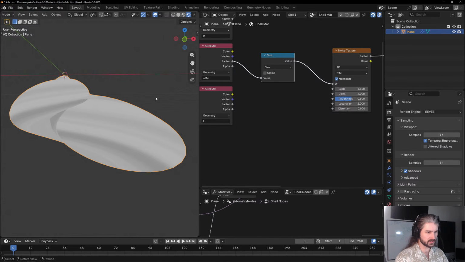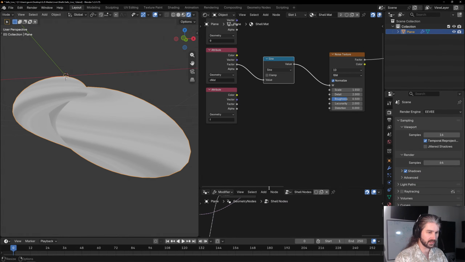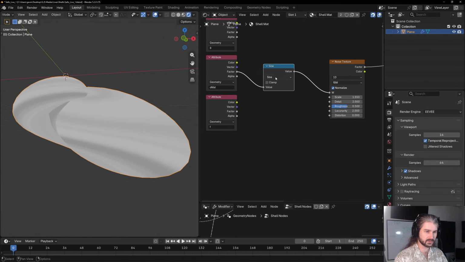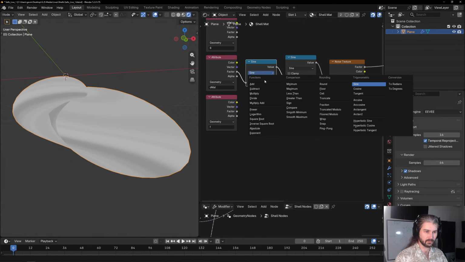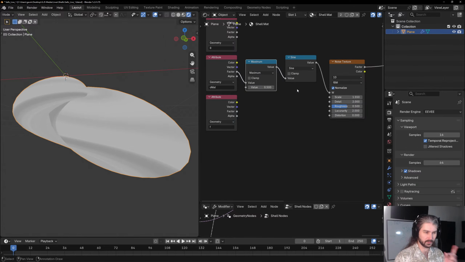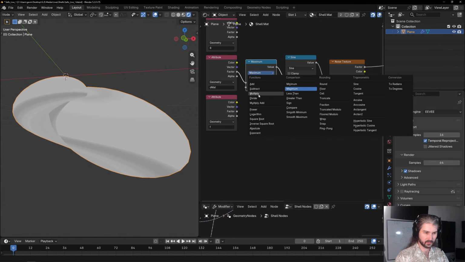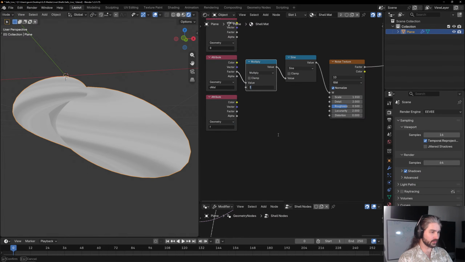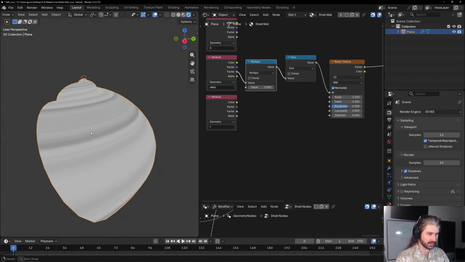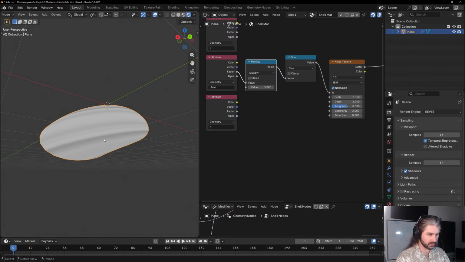No, I think we can just take sine because it is technically 0 to tau. So that should work. If we want more repetitions, because that would be 1 repetition, we want to multiply that by 3, let's say. And then now we have 3 of these.